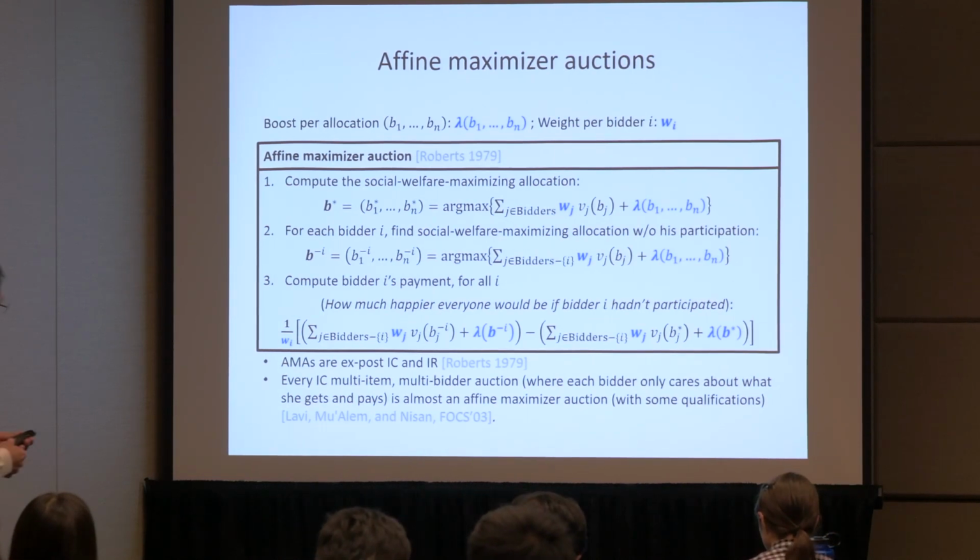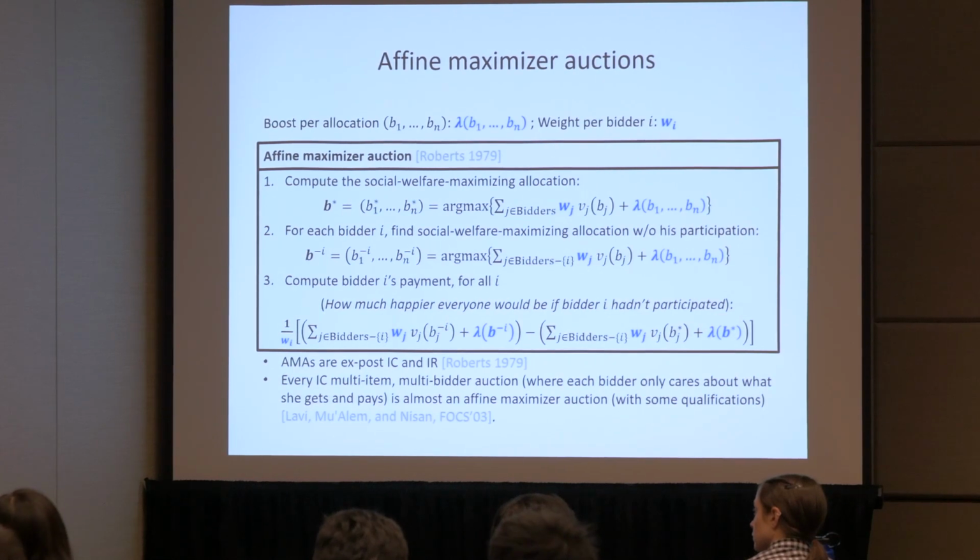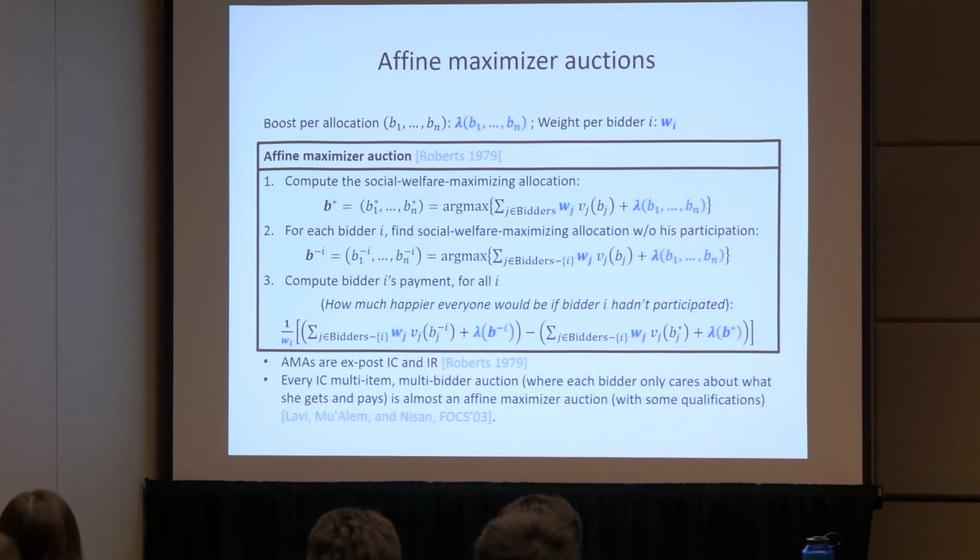All right, the amazing thing that Roberts proved about this is that for an allocational auction, these are the only incentive compatible mechanisms. And it doesn't require any other properties, just incentive compatibility. So if you want to accomplish some other objective than maximizing this affine social welfare, you're not going to be incentive compatible.